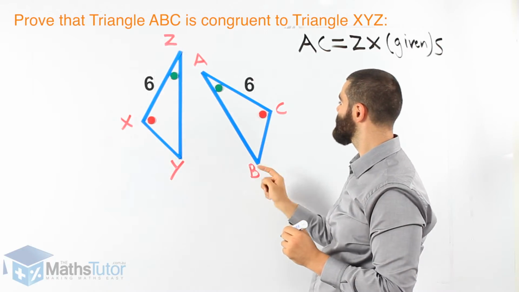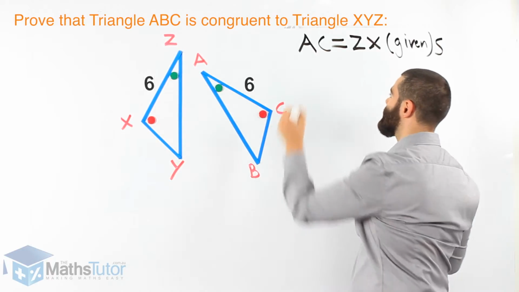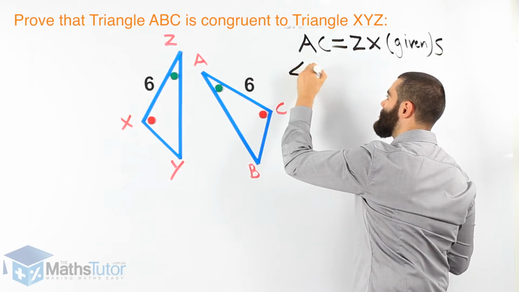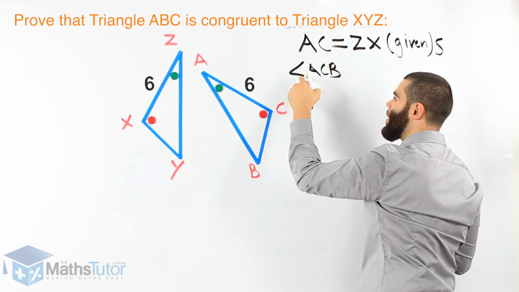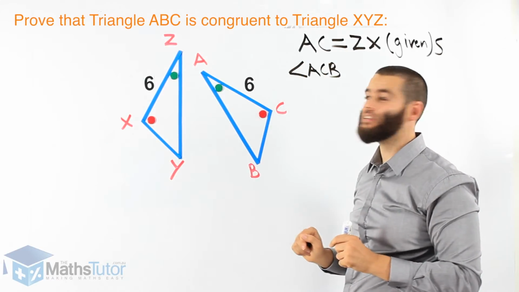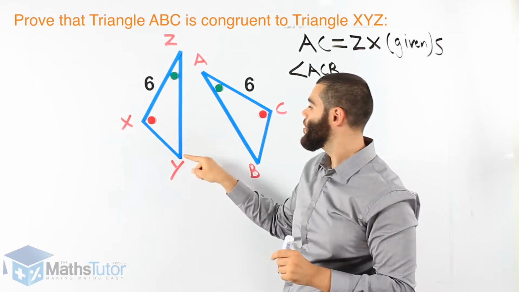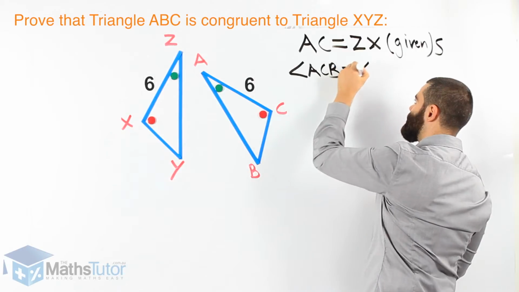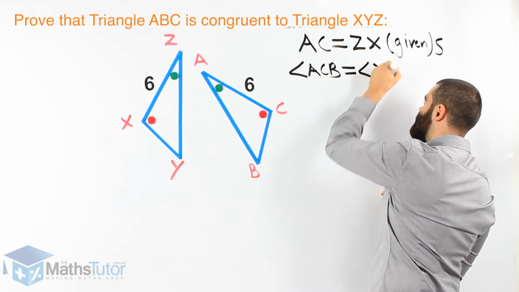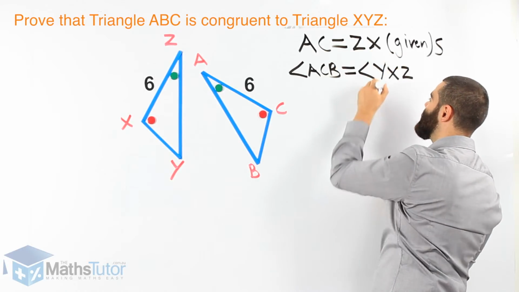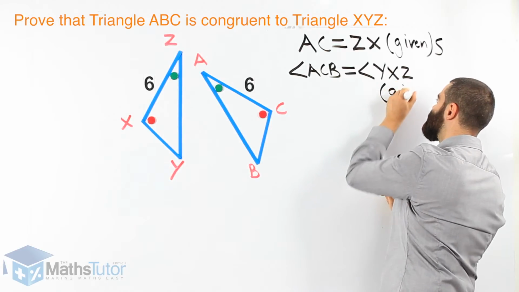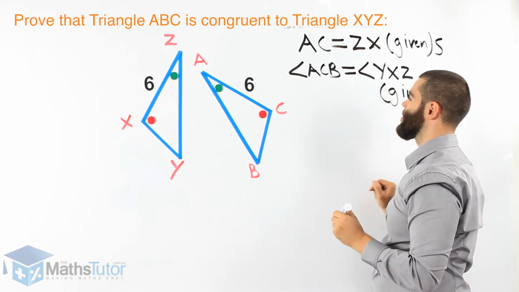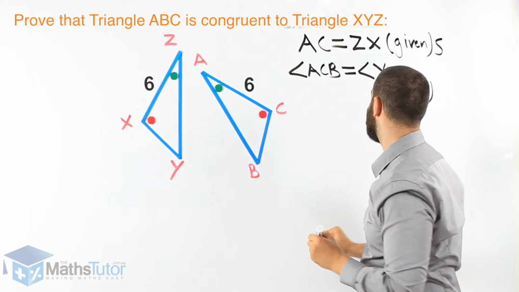The ones in red, angle ACB. Remember always to write down the angle sign. Angle ACB is equal to angle YXZ. Again, it is given information. So we have an angle and a side.